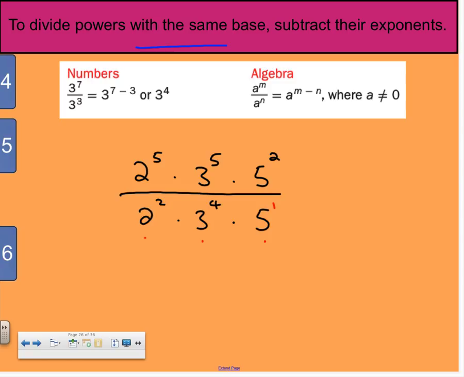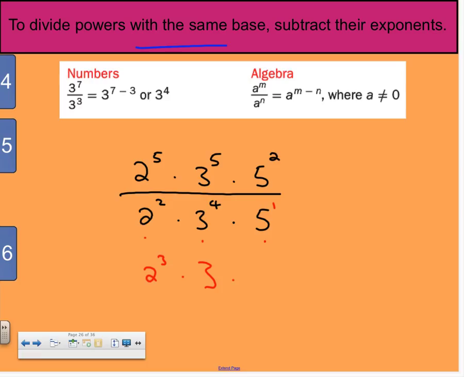So I can look right here and say, all right, we're dividing the same base. I'm going to subtract 5 minus 2, and that'll give me 2 to the 3rd power. 3 to the 5th and 3 to the 4th have the same base. What's 5 minus 4? 1. So I can write that 3 to the 1st power, or just leave it without an exponent. And then over here, I have 5 squared times 5 to the 1st. 2 minus 1 equals 1.